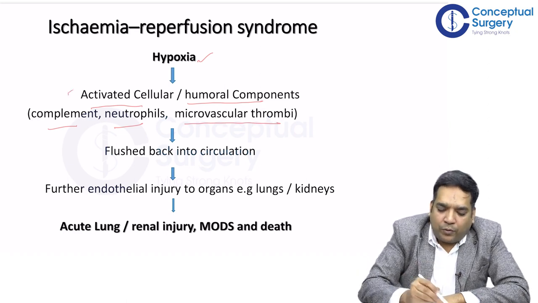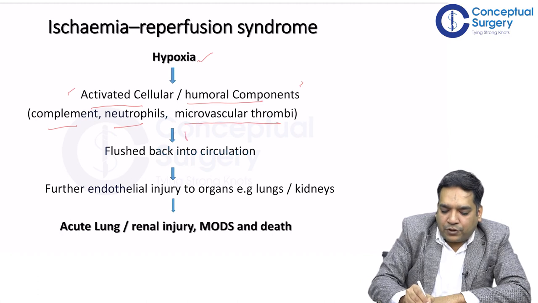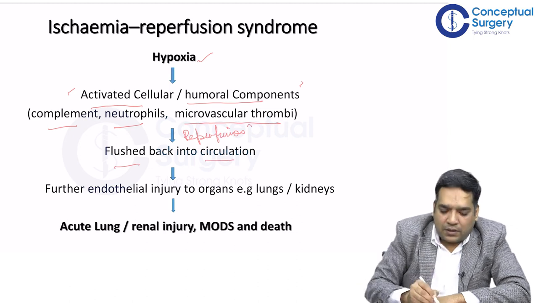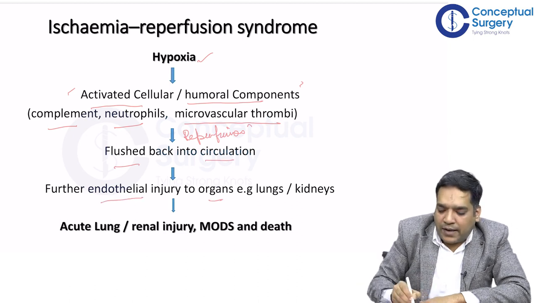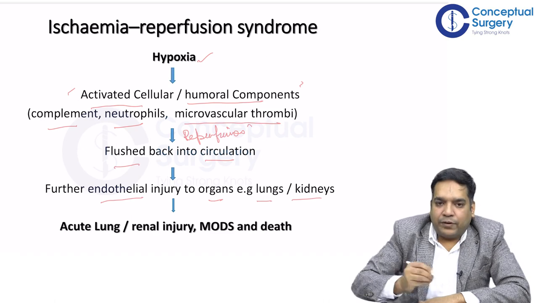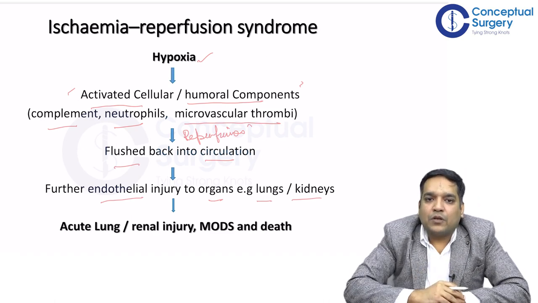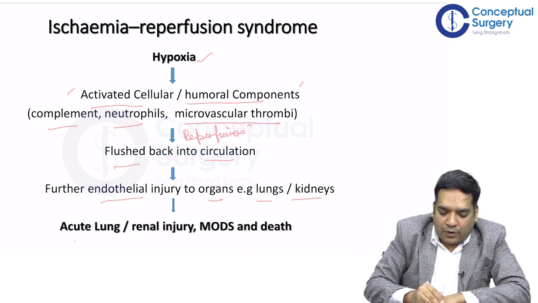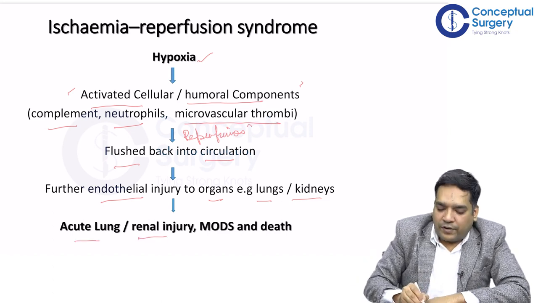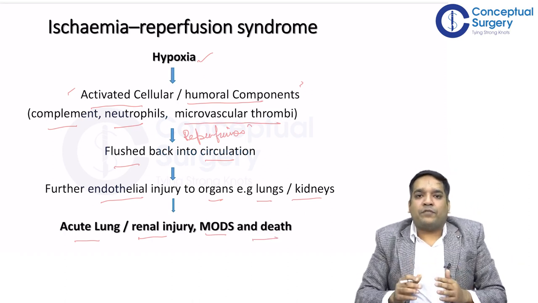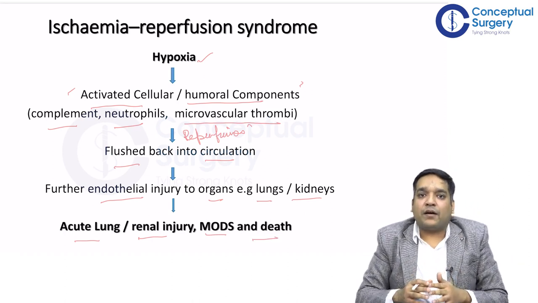So, these components at the time of reperfusion get flushed into the circulation, and this causes endothelial injury to organs like the lung and kidney. And as we know that endothelial injury causes tissue edema and other complications, it leads to acute lung and renal injury, multi-organ failure and even death. So, guys, it is very important we know about this disease so that we can avoid it.